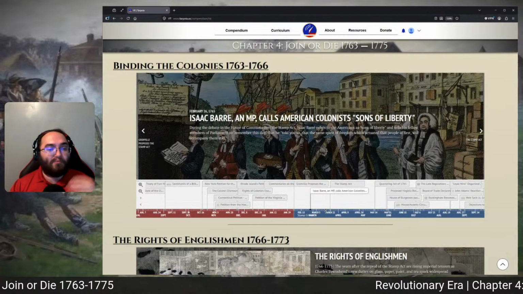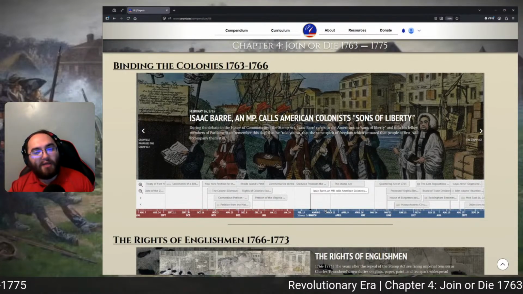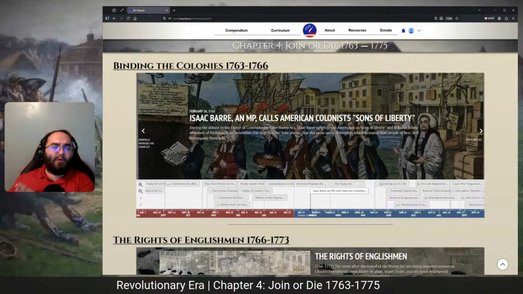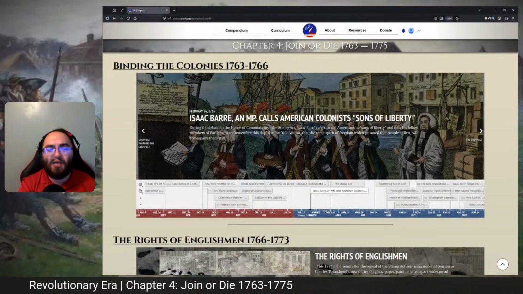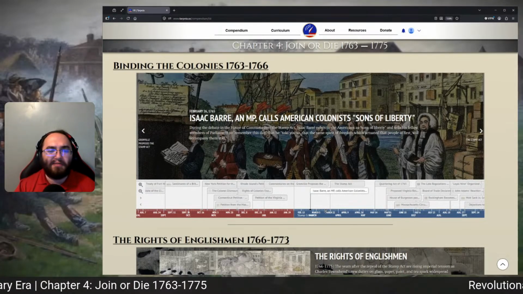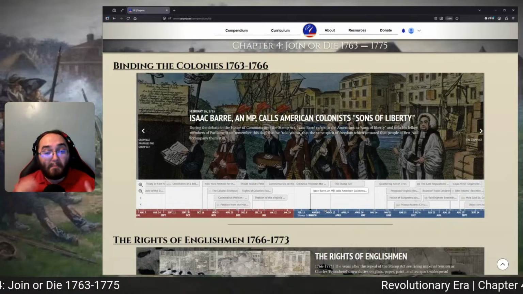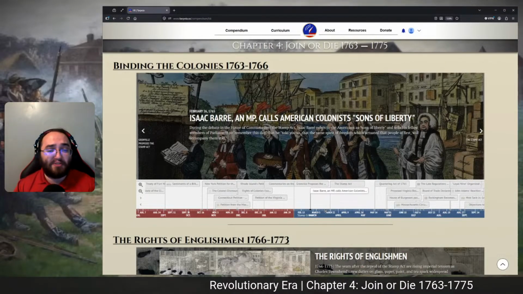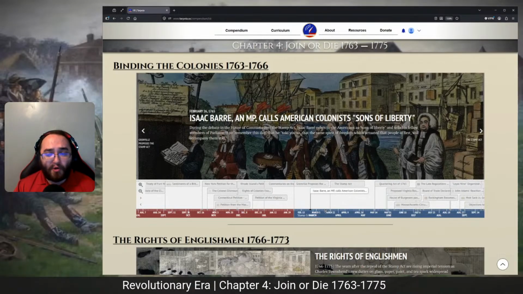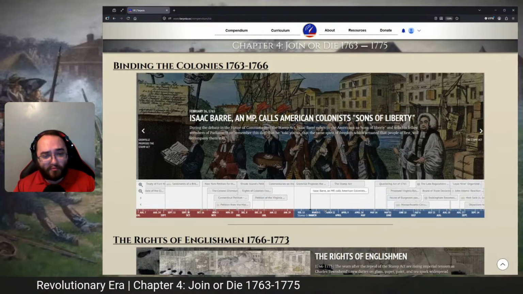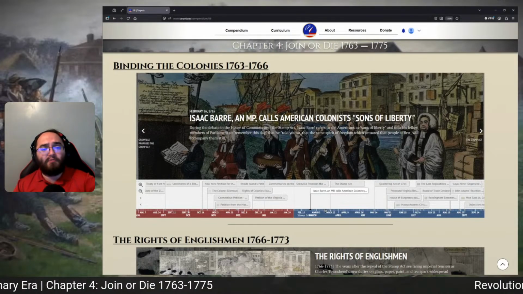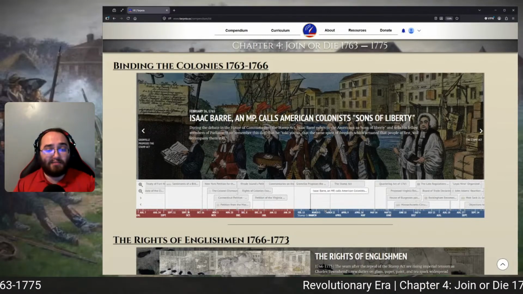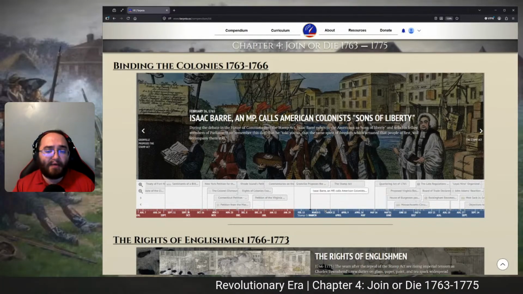So how this history is taught, you have people saying that it's just Parliament imposing all these policies on the American colonies, and Parliament does not care. Most members of Parliament, many members, especially the Whigs, are going to be in favor of colonial rights, in favor of colonial representation in Parliament, and against a lot of these policies that are passed.